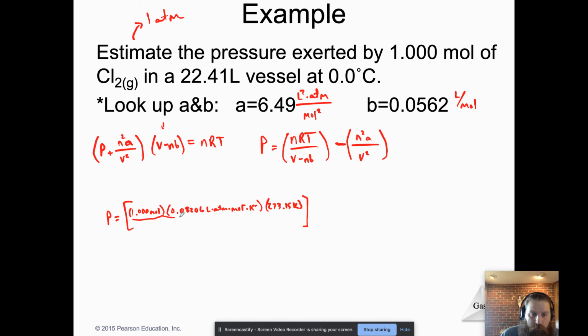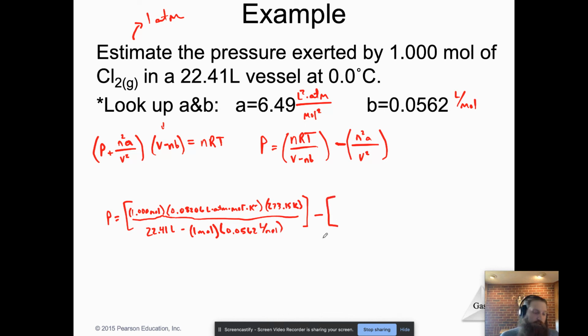And we are dividing that by V minus nB. So V is 22.41 liters minus n, 1 mole, and B here is from our table. We looked it up, 0.0562 liters per mole.